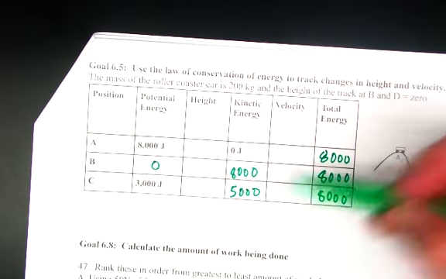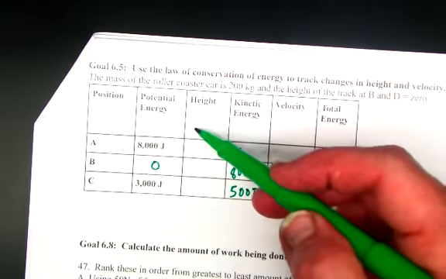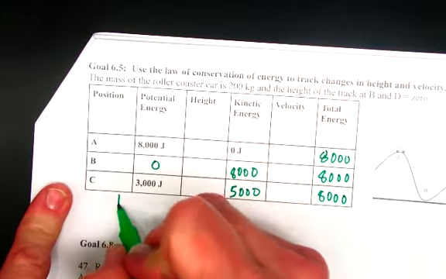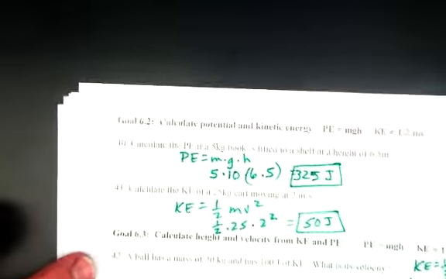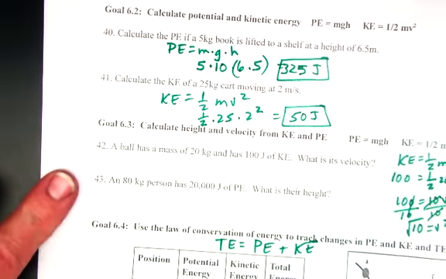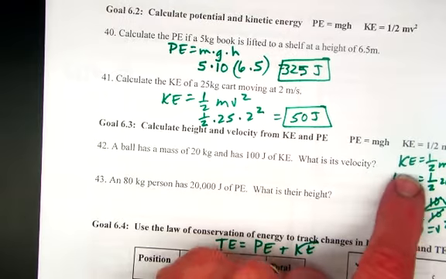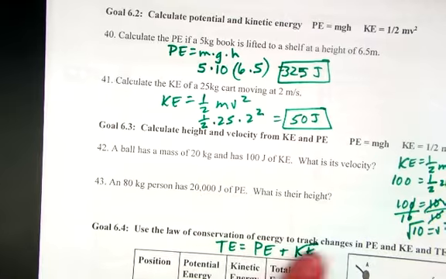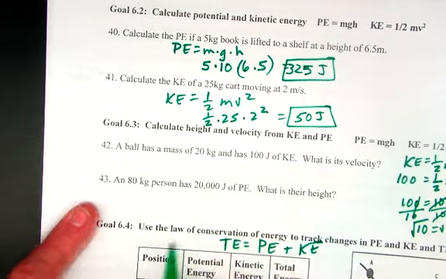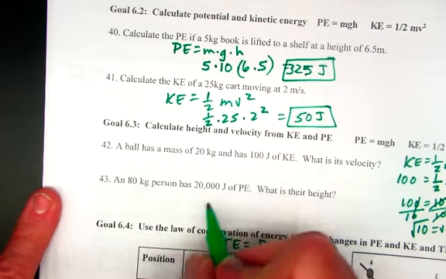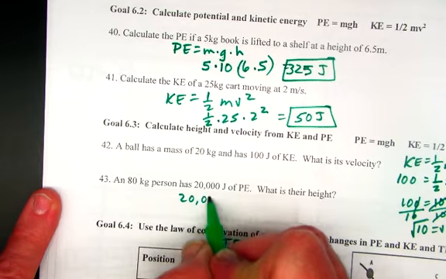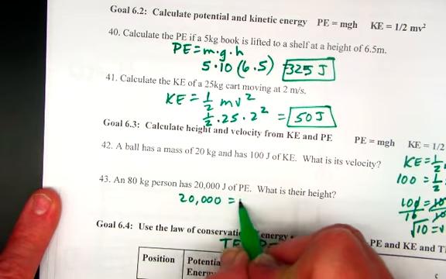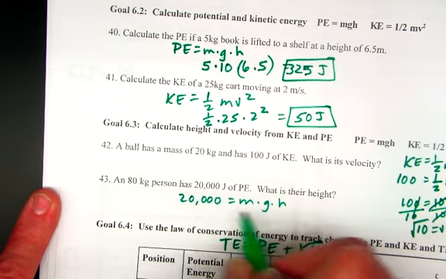So now that you know these, you're going to work backwards to find height. Because remember, you did this already in this goal. You calculated height and velocity by working backwards. You plugged in the kinetic and you solved for v. You could plug in the same idea, put in 20,000 joules of potential energy, m times g times h.